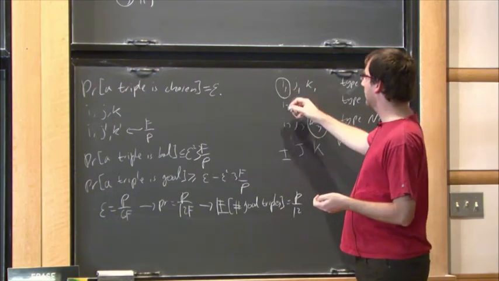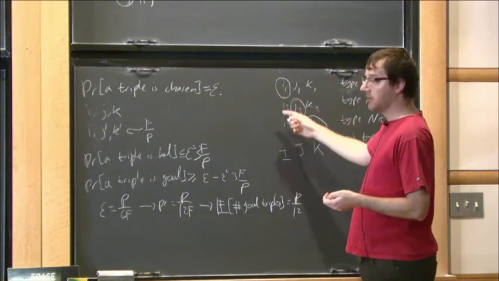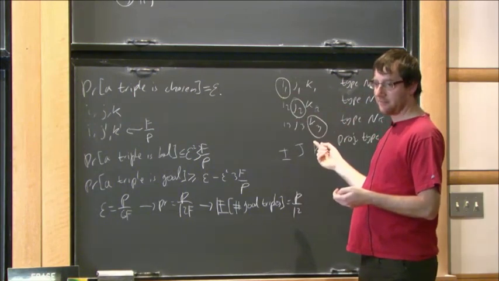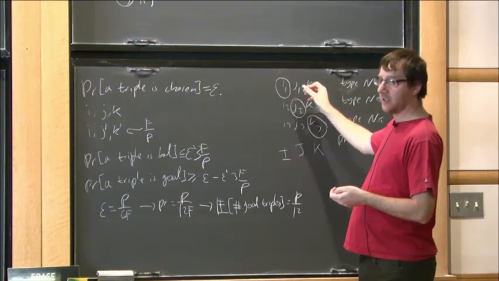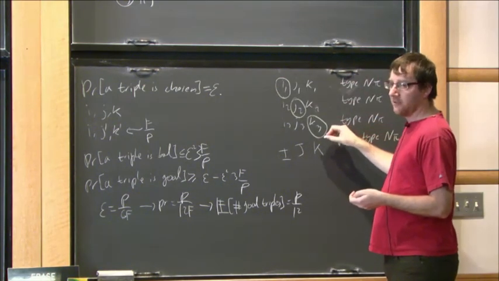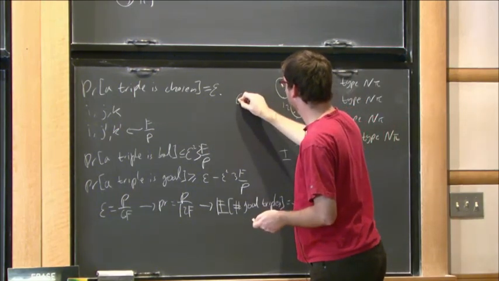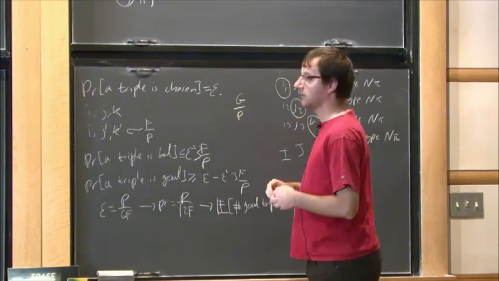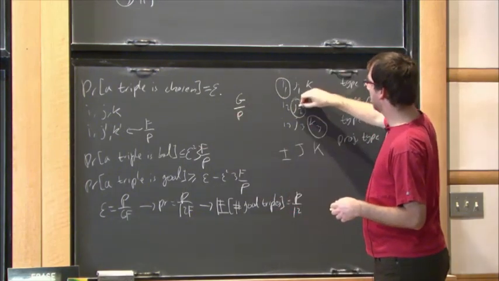So let's see what we get. So suppose I have this triple, and I want to see how many possible conflicts it has. So how many ensembles of this form have a given I1, J1, K1? So first, to choose this triple, I have G over P choices. Okay, and now this is chosen, this is chosen.